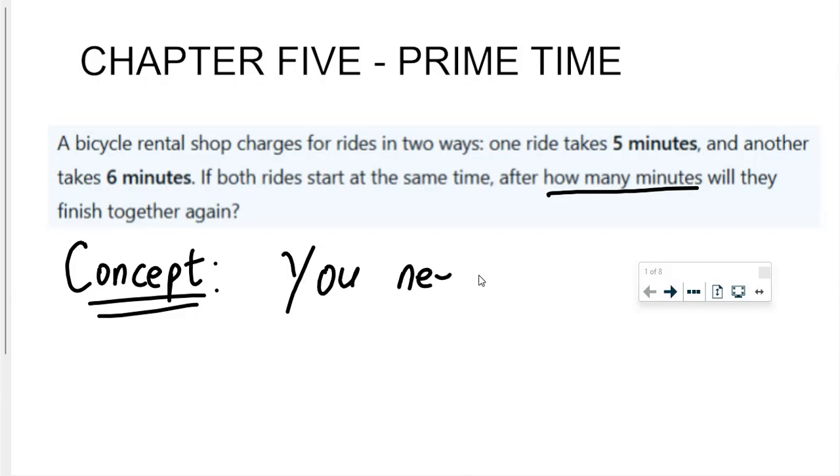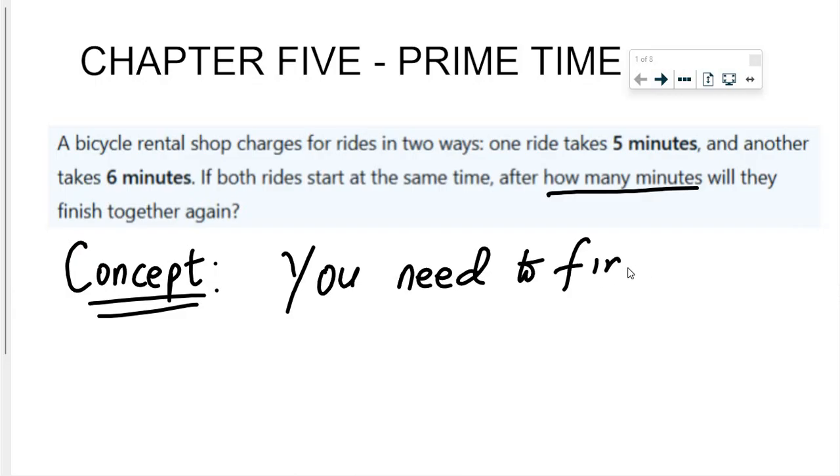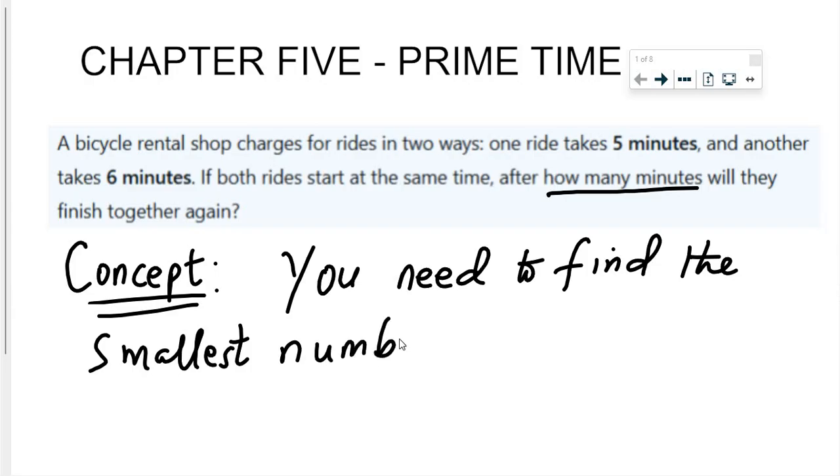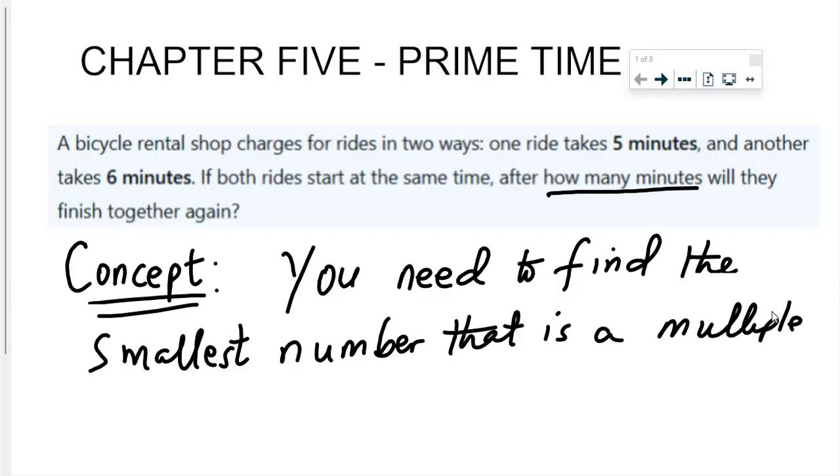So the concept: you need to find the smallest number that is a multiple of 5 and 6.